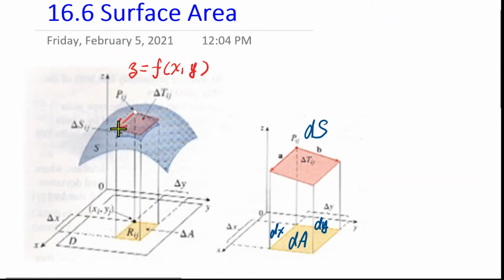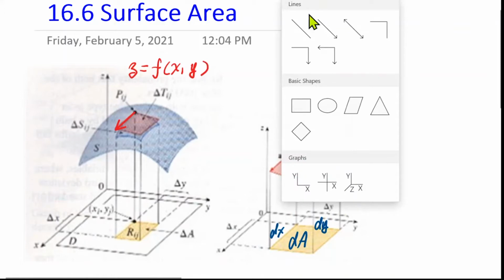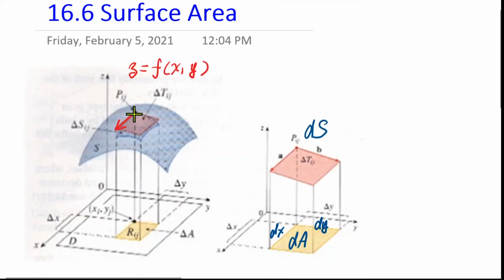Then that arrow extends out to that corner of the region, and then I'm going to draw another arrow extending out to the other corner. So this is vector A and this is vector B.